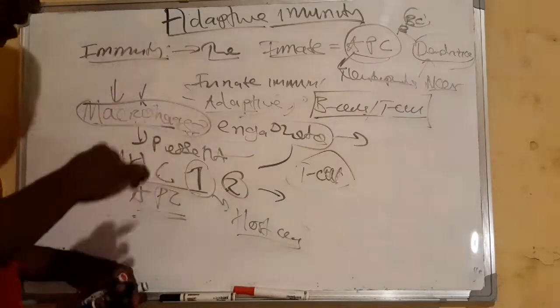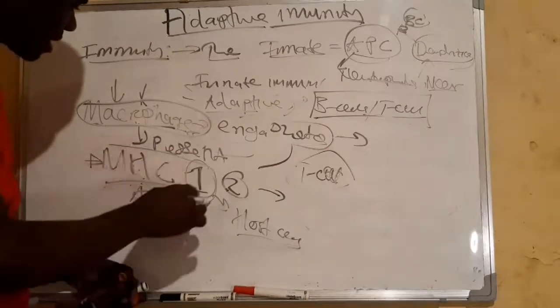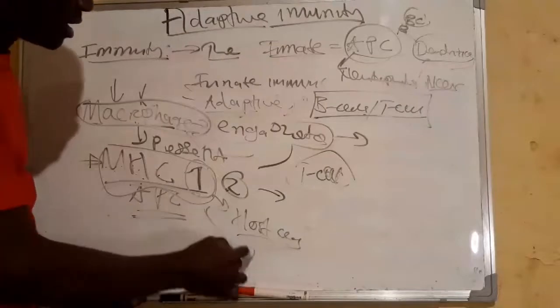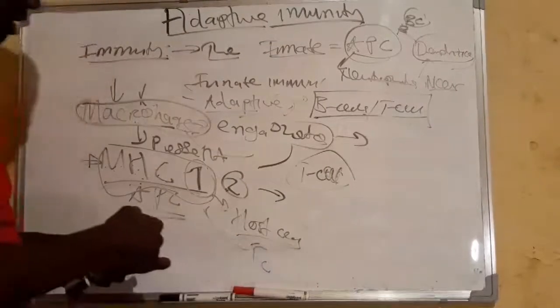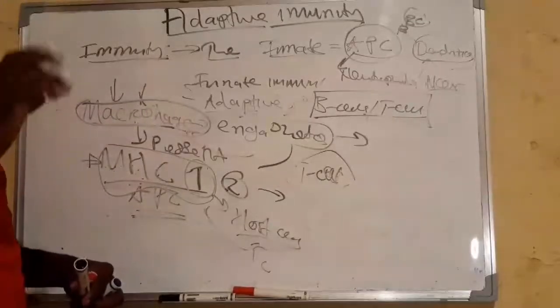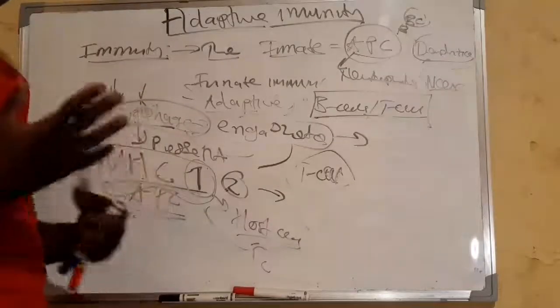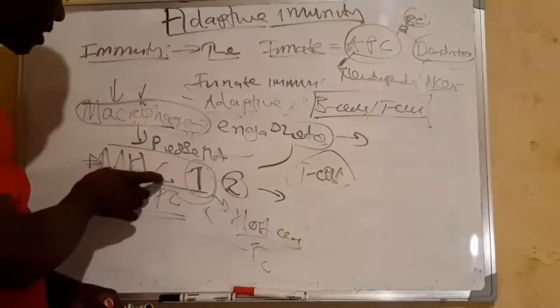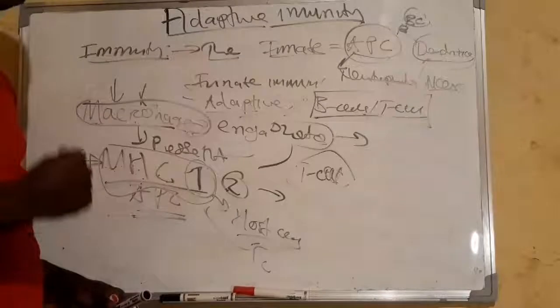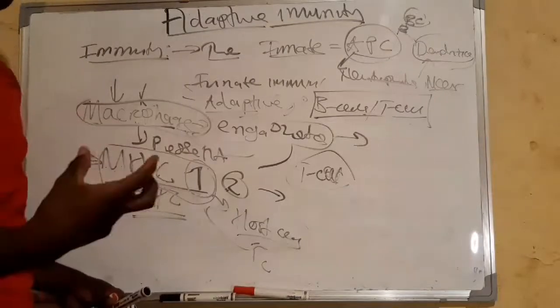So whenever there is the appearance of MHC1, the T cytotoxic cells sense that. After sensing that, there is an interaction between this MHC class 1 and the receptor of the T cytotoxic cell.